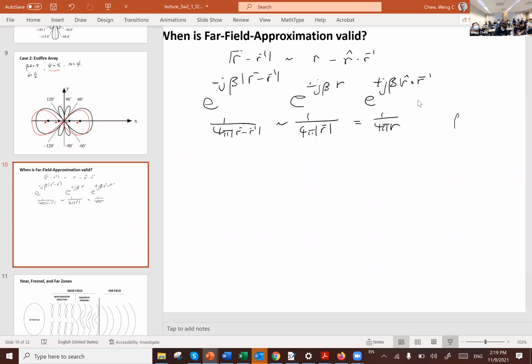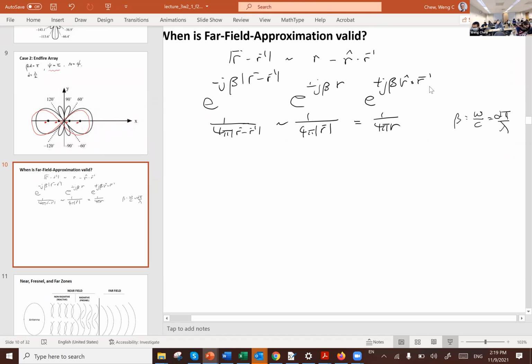Beta is omega over c, which is 2 pi over lambda. So if R prime compared to the wavelength is not small, there could be a phase shift that is important up here in the exponent.